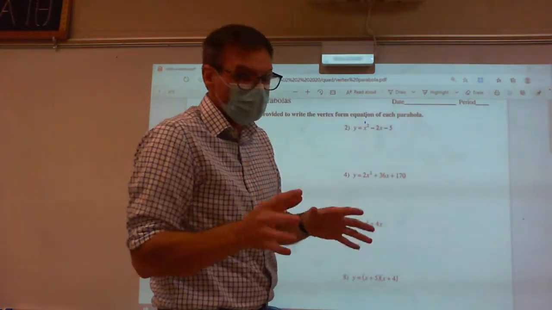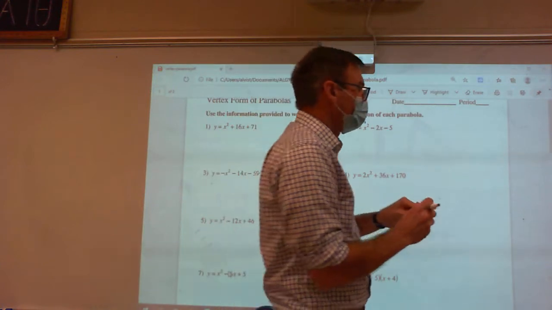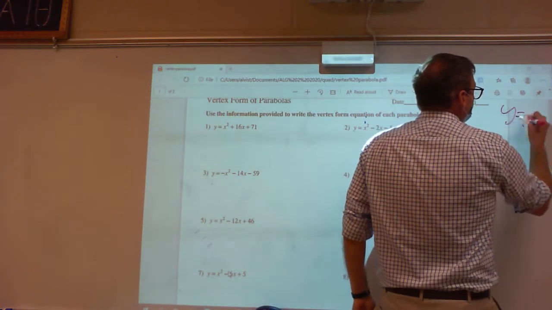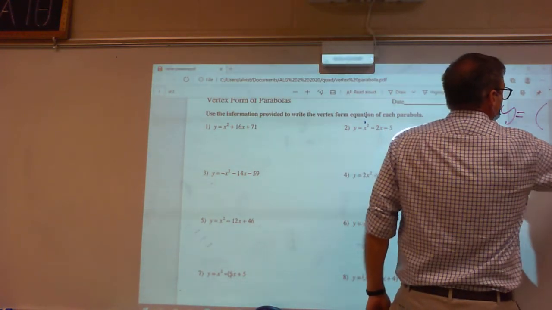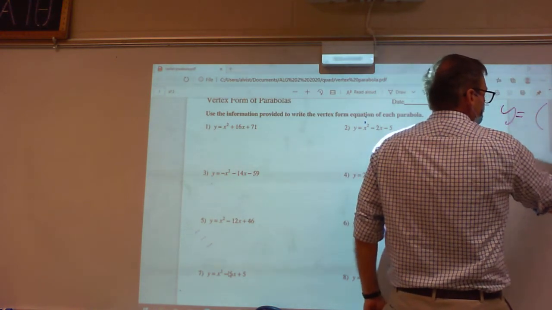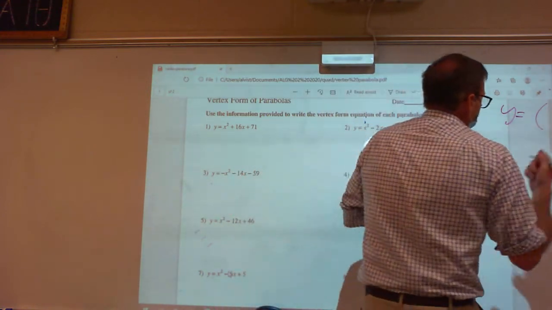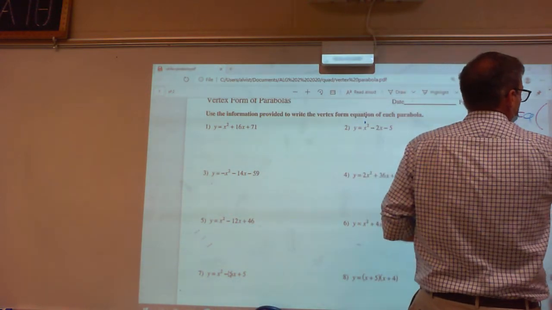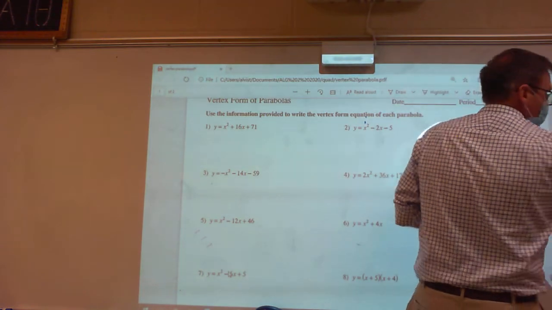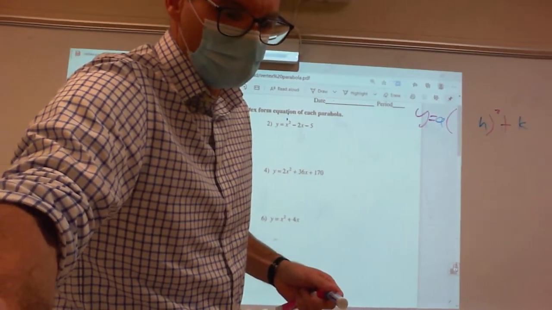Now, just so you know, when I say vertex form, this is what I'm looking for. I am looking for y equals something squared plus, I'm going to put the letters in, actually. A, H, and K. Does that show up? No, I have this set on the wrong side.